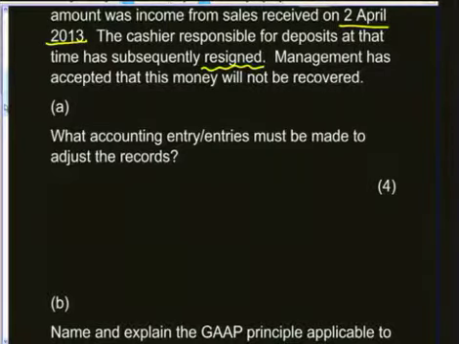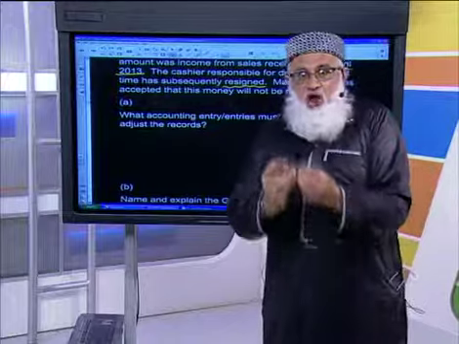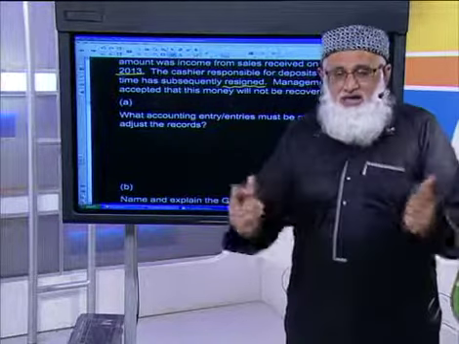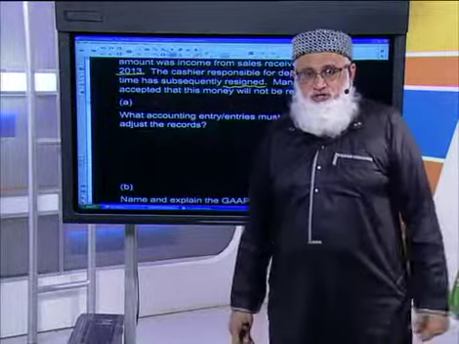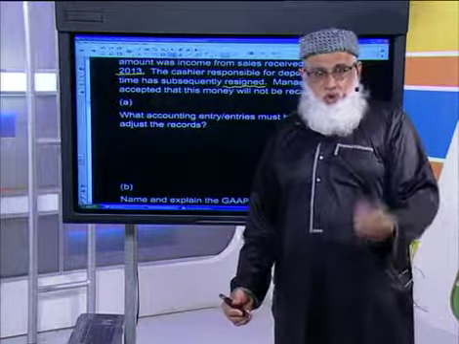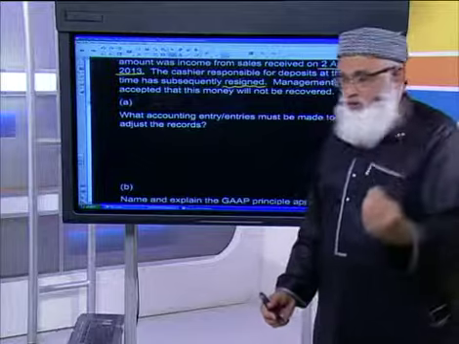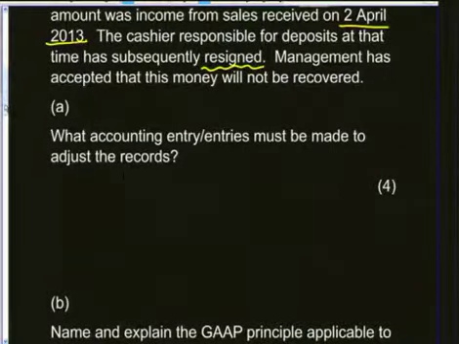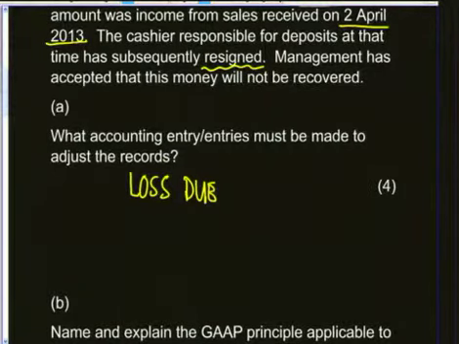Clearly you can see we have lost moolah. We've lost cash. So you're going to debit an expense account. What is this account called? This account is called loss due to theft, because certainly the money is stolen.